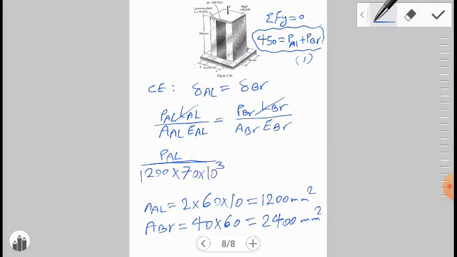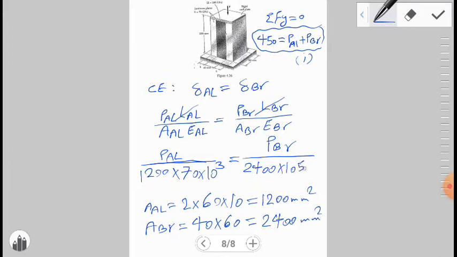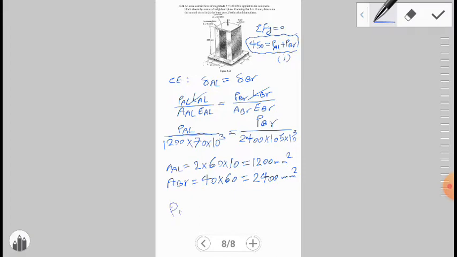And P brass, A brass 2400 times E brass. E brass is 105 gigapascal to megapascal. Again, after simplifying this equation, we can find P brass is equal to 3 P aluminium. We called it equation number 2.